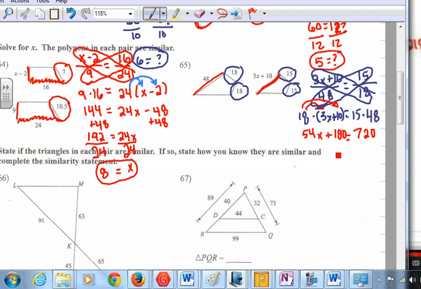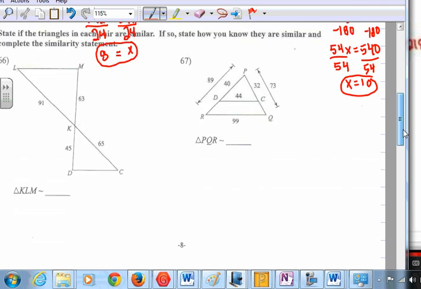Okay, now we have to subtract 180 from 720. So I get 54x equals 540, divide both sides by 54, and x equals 10. Very good. x equals 10. Good job.